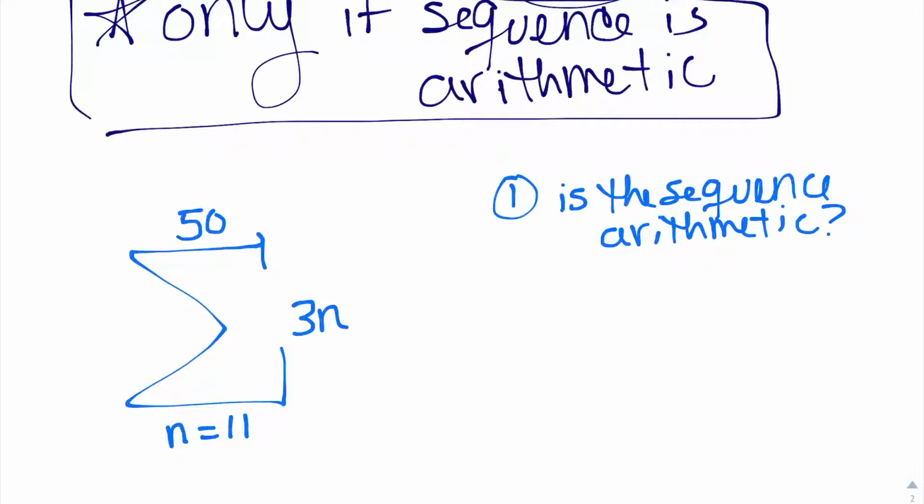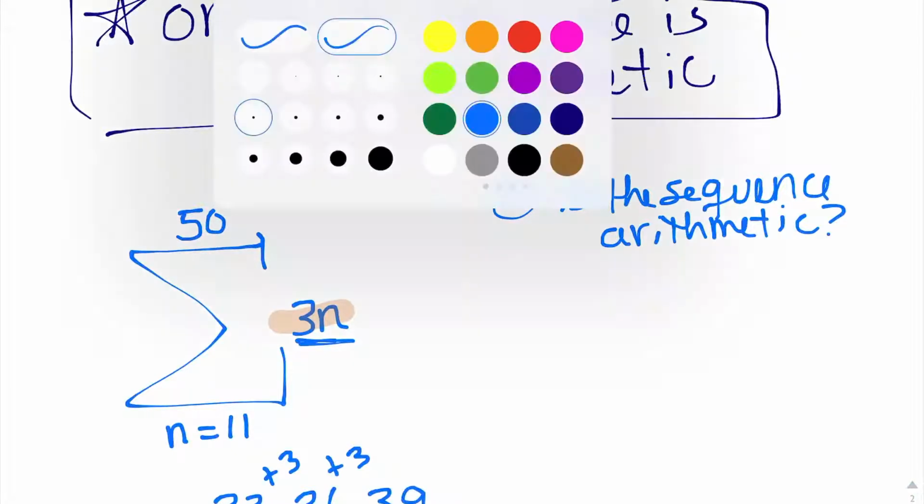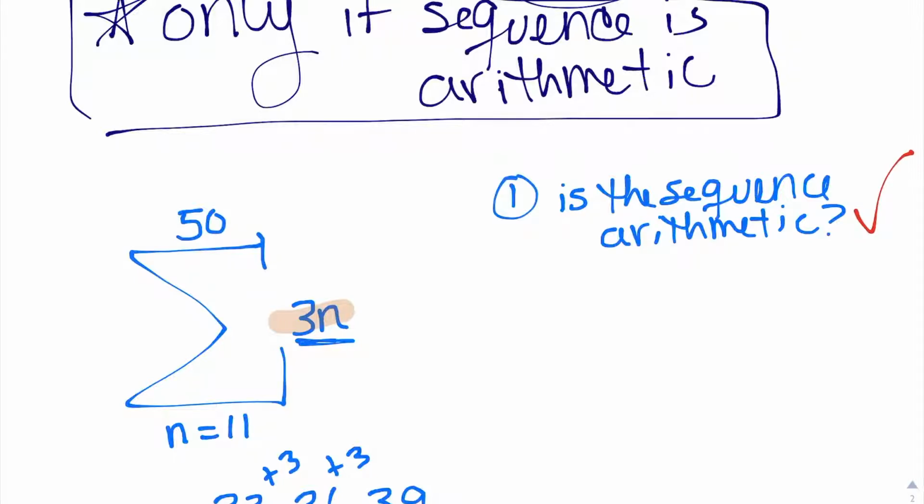Well, the formula that they've given me is 3n, and if we start writing out the values, if we start with n is 11, we'd have 33, and then 3 times 12 is 36, 3 times 13 is 39. Well, yeah, there's a pattern of addition, right? And anytime this looks linear, that's going to be an arithmetic sequence. So we can check off that box.